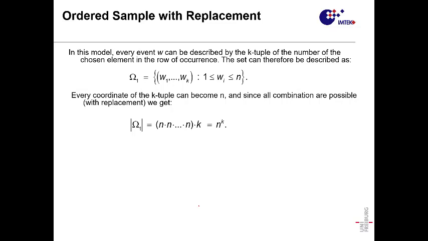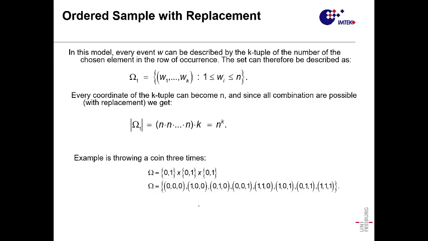Then you have n elements, k times. If you do this multiplication, you get n to the k. This is what we saw before with the number 8 for flipping the coin. The coin had 2 outcomes, right? And 3 was the number k, like here.